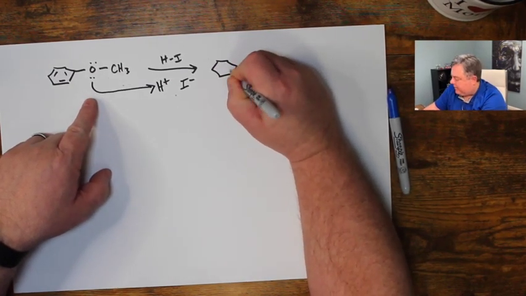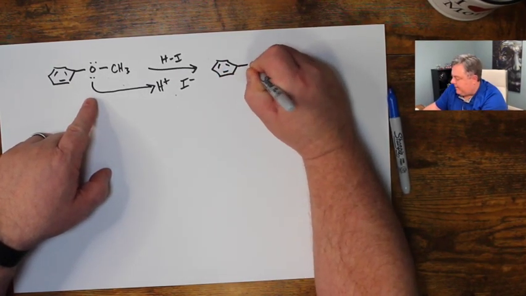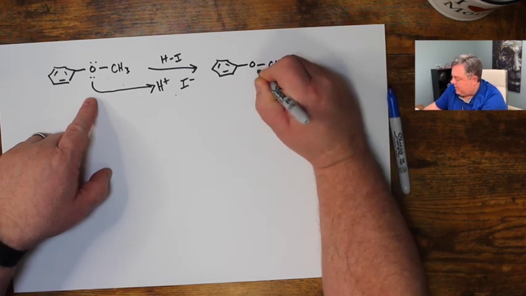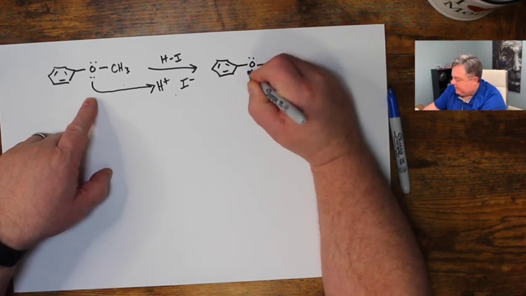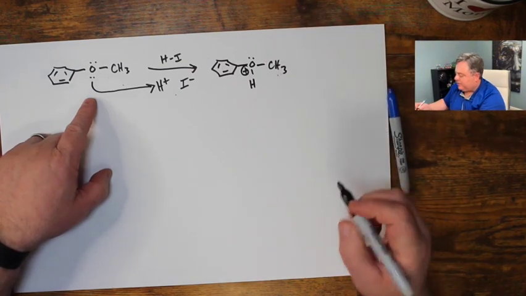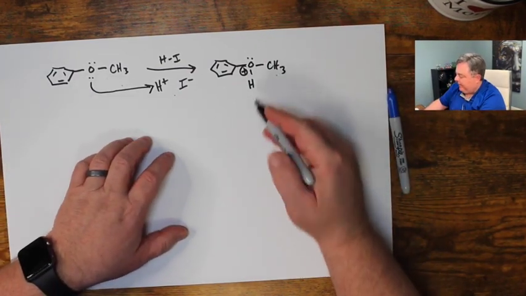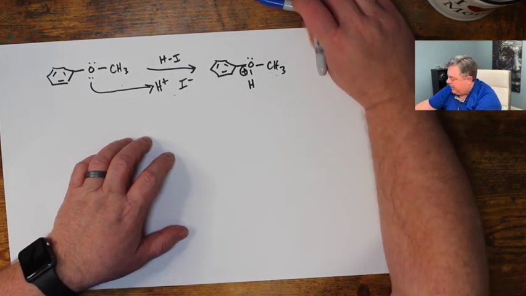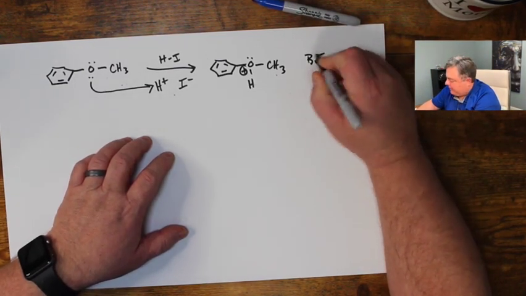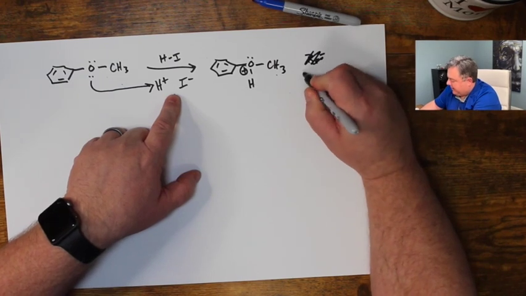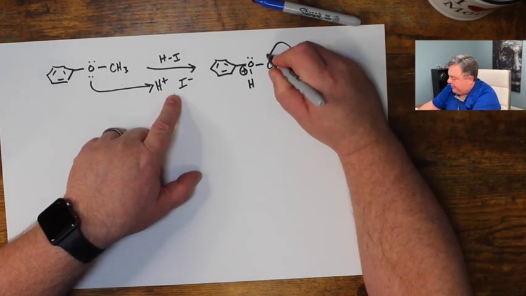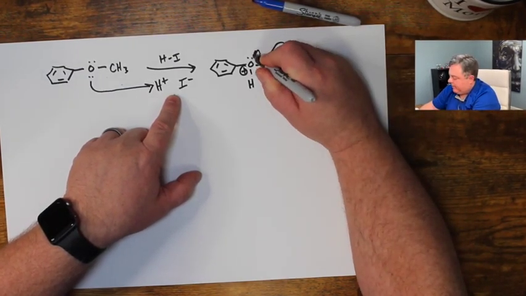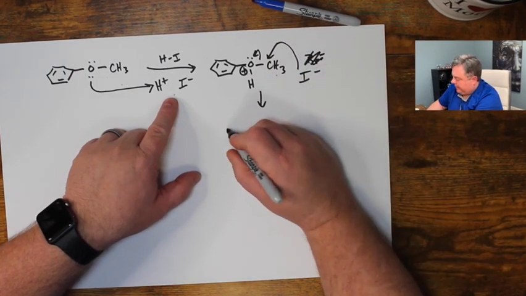So we'll have a phenyl, oxygen, methyl. We have our hydrogen on the oxygen and a +1 formal charge on the oxygen. Again, we have a very good leaving group, an alcohol leaving group. So my Br-, oh, nope, I have I- in this case. My I- can backside attack my methyl. My alcohol leaving group leaves.